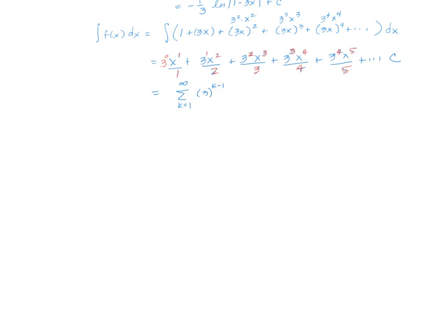So again, when k is equal to 1, the first term has a 3 to the 0. And then the x values correspond to my k values. And then in my denominator, the 1, 2, 3, and so on, also corresponds to my k values.